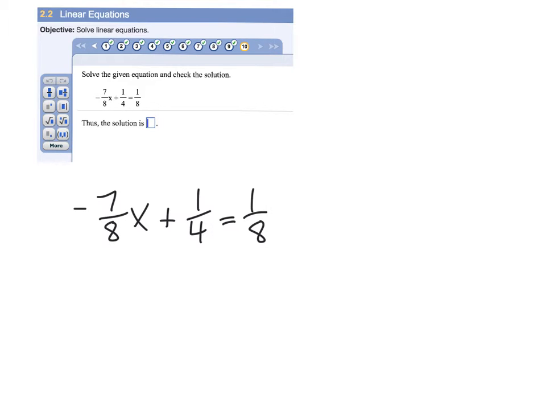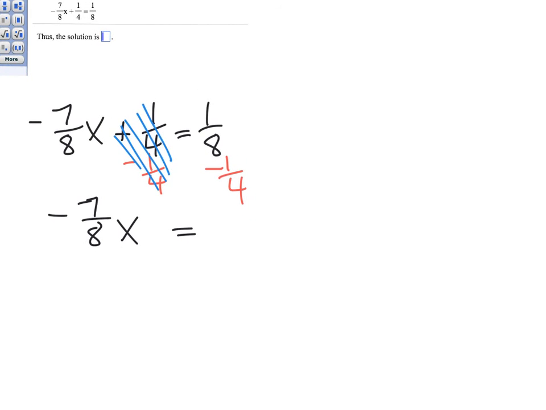And just like normal, first thing we're going to do is subtract both sides by 1/4. And we know that plus 1/4 minus 1/4 kind of undoes each other. So that gives us negative 7/8 x on the left side. Now, what does the right side equal? Over here on scratch paper, we need to do 1/8 minus 1/4.